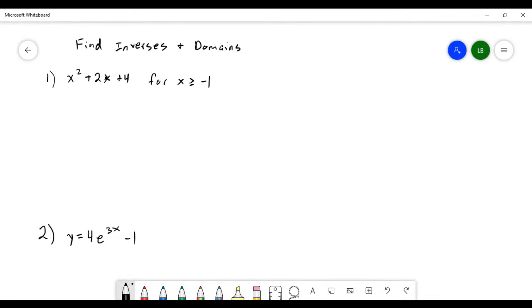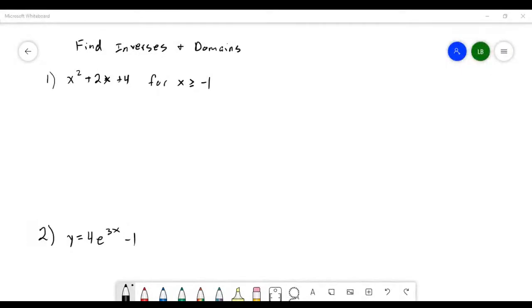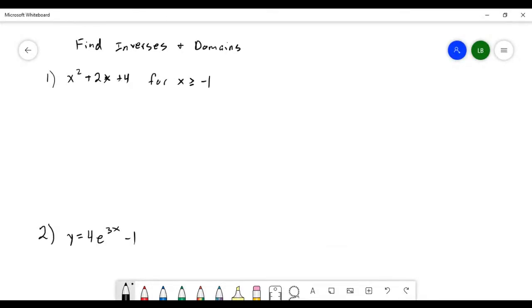It is a bit difficult unless you do something specific first. Let's actually go ahead and talk about what we should do on problem 1. Are you familiar with completing the square? Sort of? Okay. Let's just do a brief review of completing the square.